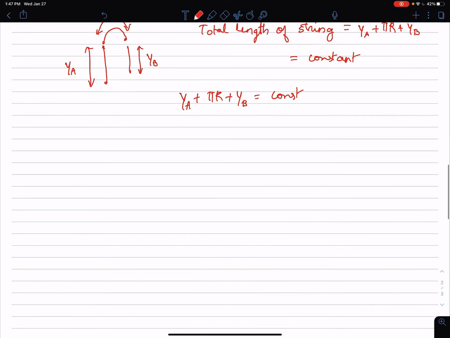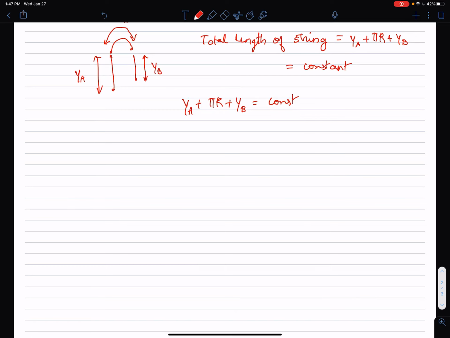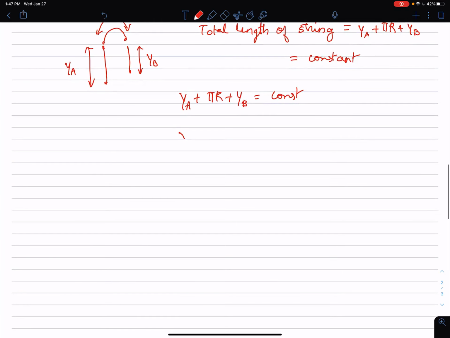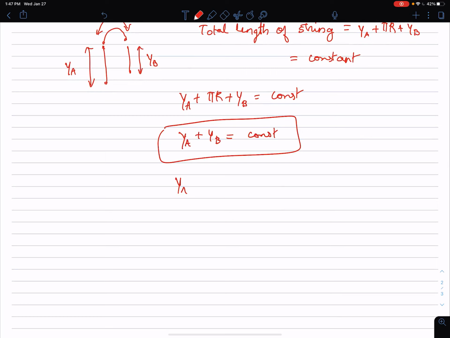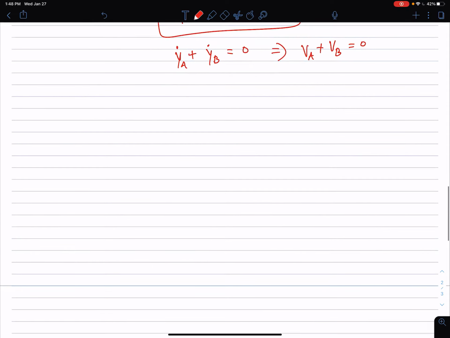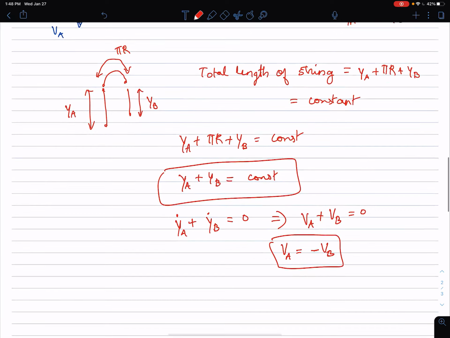Because r is a constant, pi r is a constant, so we basically have YA plus YB equals constant, which we can differentiate to get the relationship. This is VA plus VB equals 0, or VA equals minus VB, which makes sense.